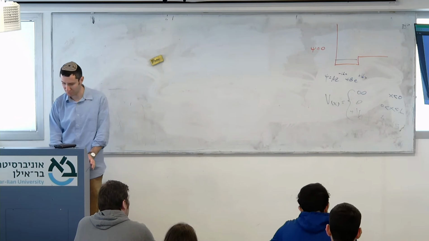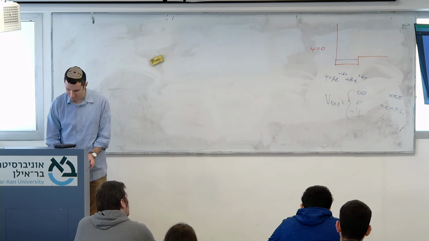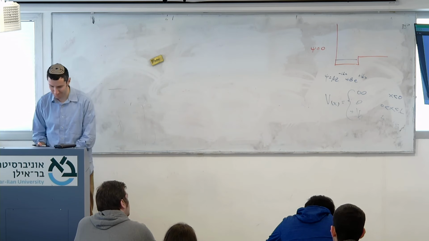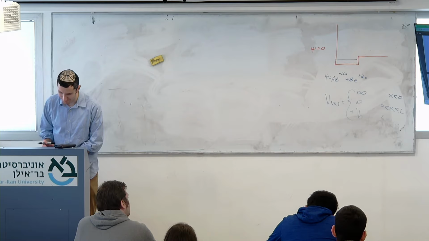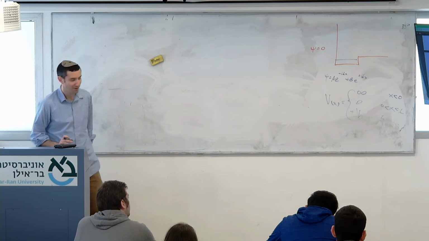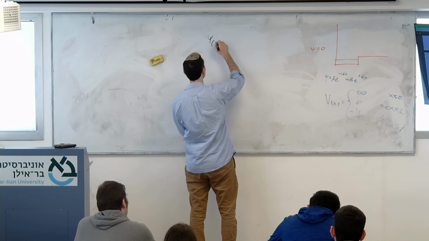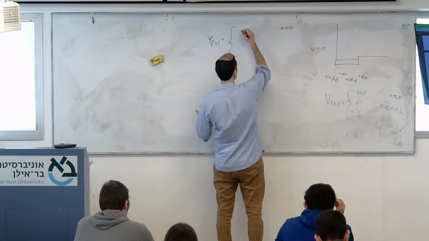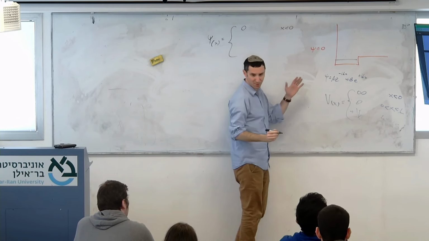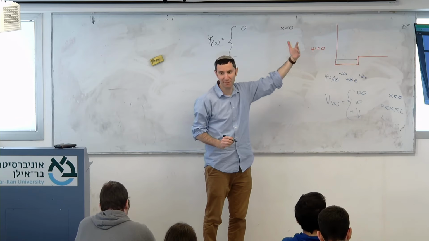I can just skip to the solution here. So this is the solution that I'm expecting, where psi of x will be, if x is smaller than 0, then it's 0, because otherwise there's no, like, you can see the development of it in this PDF that's in the Moodle.